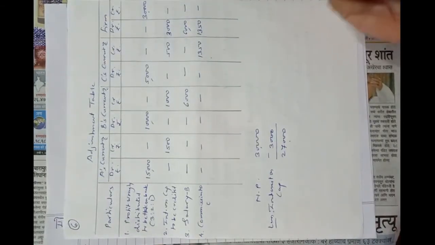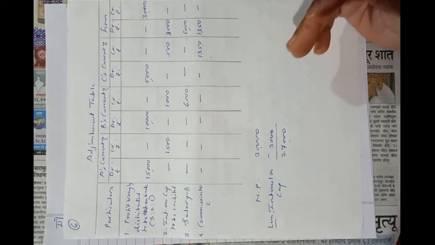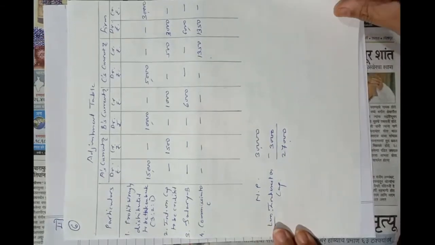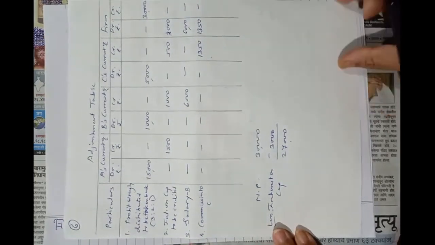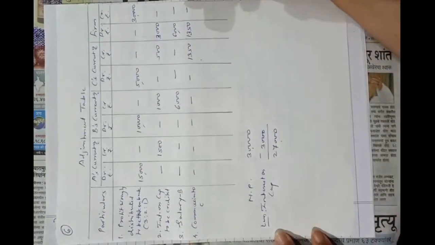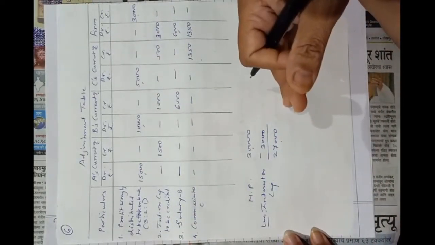Okay, now we have to calculate correct profit. In the last problem, we prepared a profit and loss appropriation account for calculating. Now here we will directly calculate net profit.